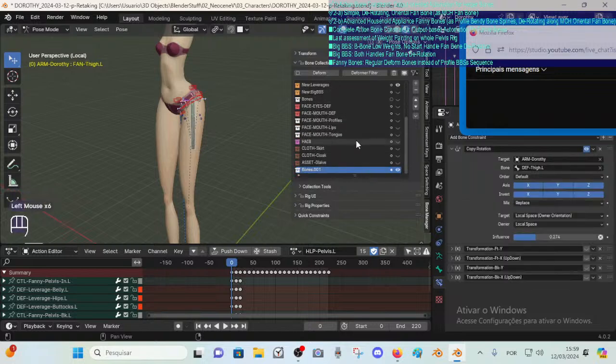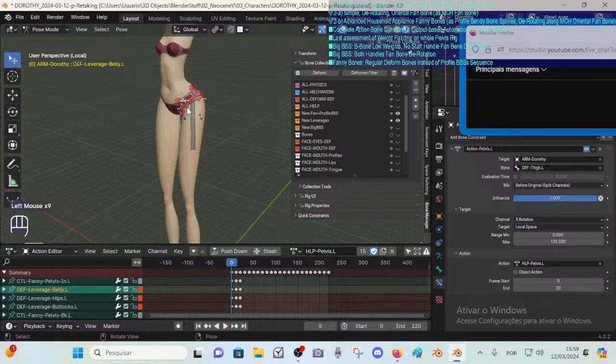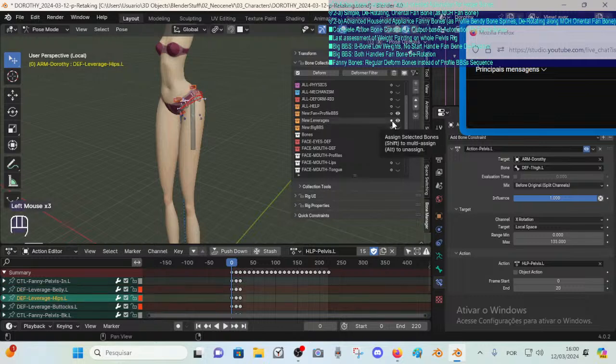If I select this bone, it should be marked there. This means that this filled dot, this filled circle, means that the bone is on this bone collection, and also it's here. So I'm going to use this as a rig.